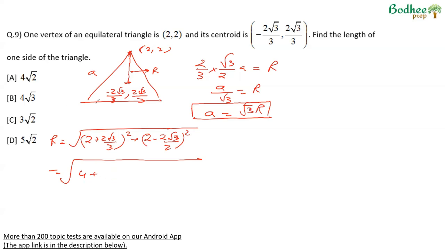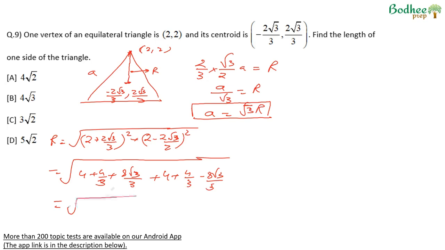So basically this will be equal to 2 by root 3, which can be written as 4 by 3, plus 2 into 2, 4 into 2. 2a square plus b square plus 2ab. 2 2s are 4, 4 2s are 8 root 3 by 3. This will cancel out because the next is a negative term. Plus 4 plus 4 by 3 minus 8 root 3 by 3.